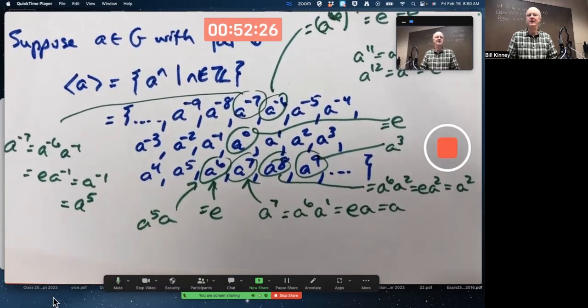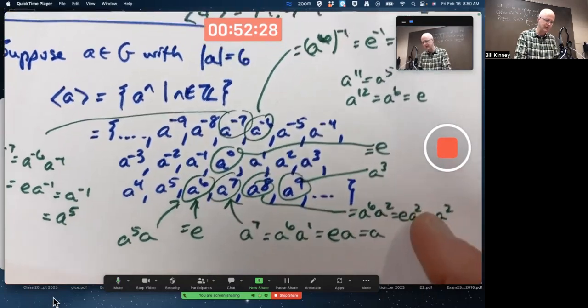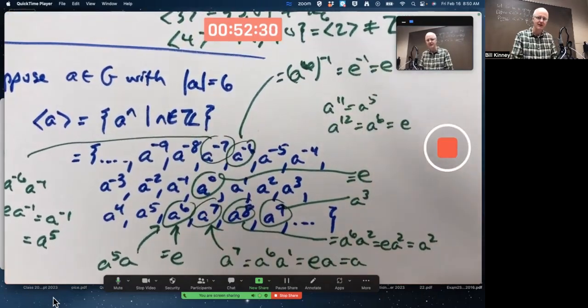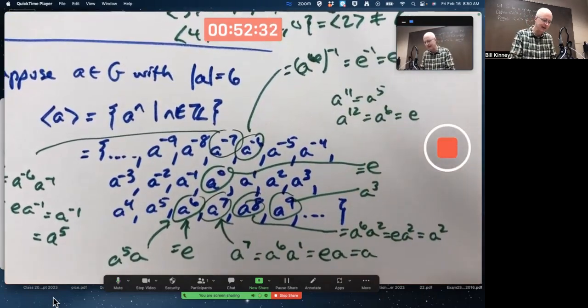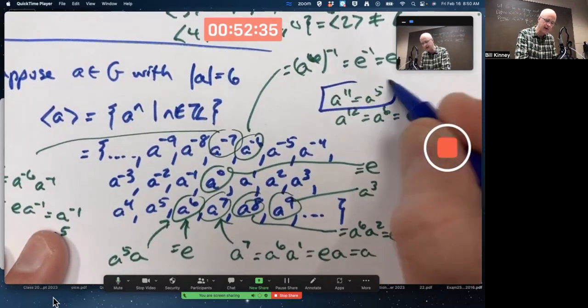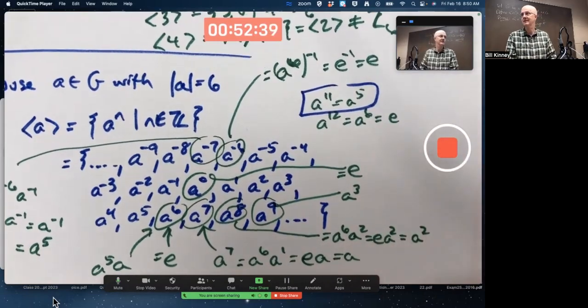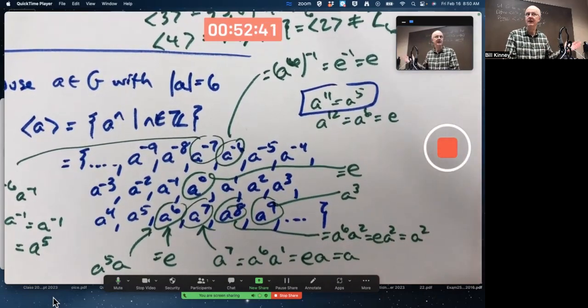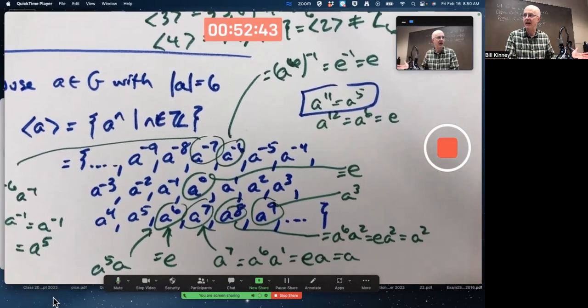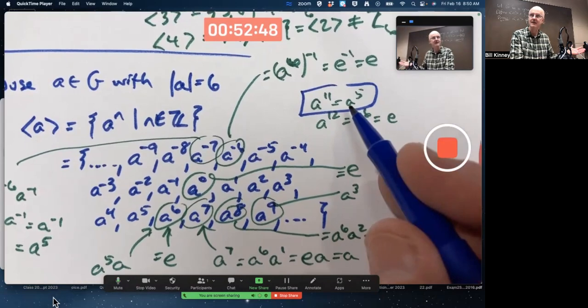Anyway, what all this is illustrating is that you get equality with these things when the order is 6. You can say, for example, A to the 11th equals A to the 5th because 6 divides 11 minus 5. In the theorem, it said n divides i minus j. 6 also divides 5 minus 11.